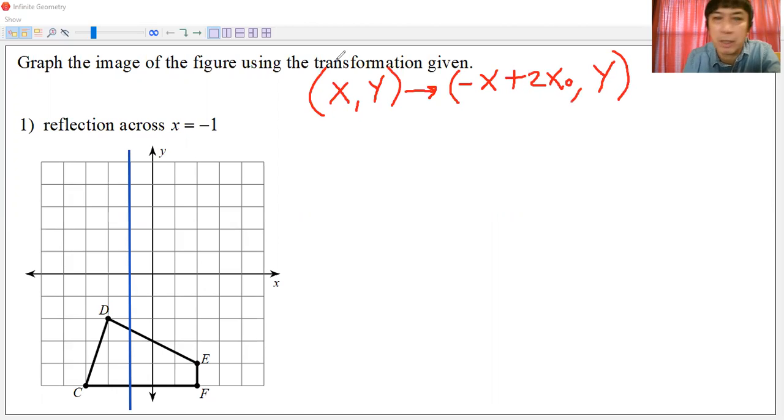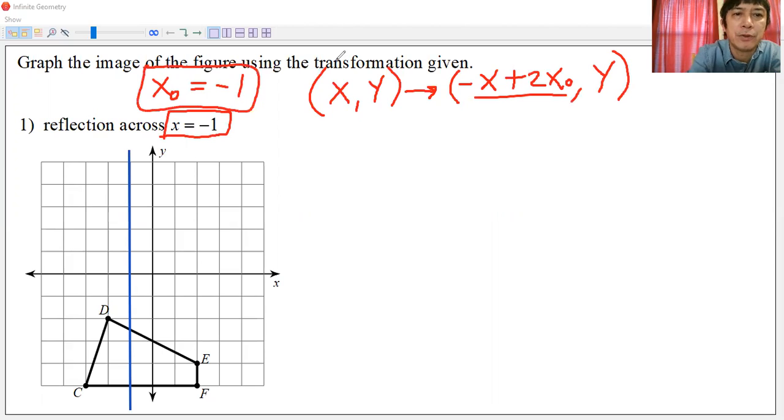Now x equals -1, the number here, that is supposed to be your x of 0 in the formula, okay? So this is x of 0 and this is -1 there. So remember this value that you're going to use in your formula there.